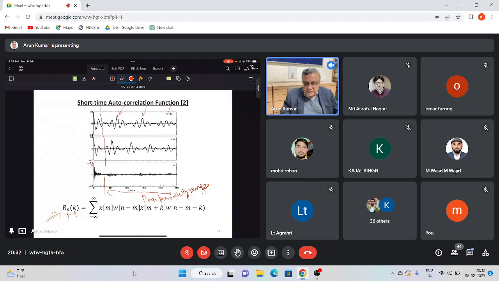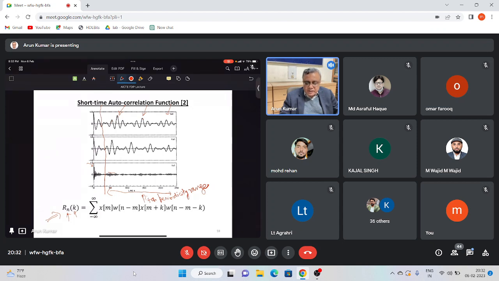If the speech signal is unvoiced or random noise like, then the maxima will be very small compared to what we see in the autocorrelation function for voiced speech. So here again is another tool which can be used to distinguish voiced speech from unvoiced speech.